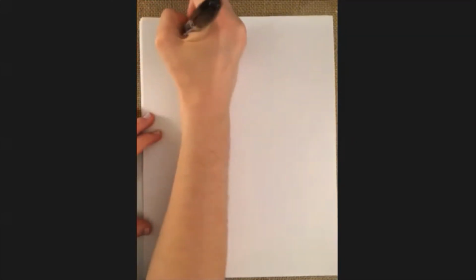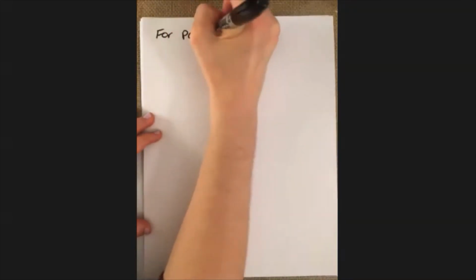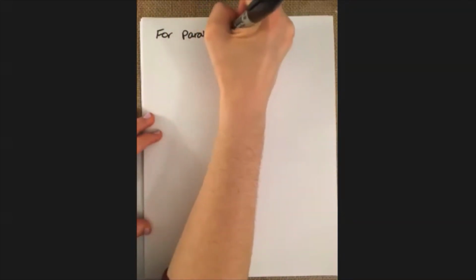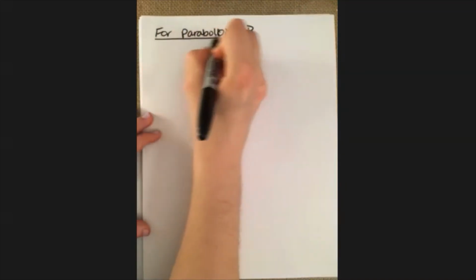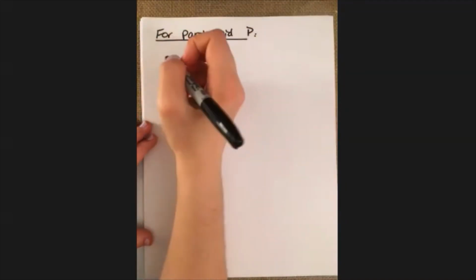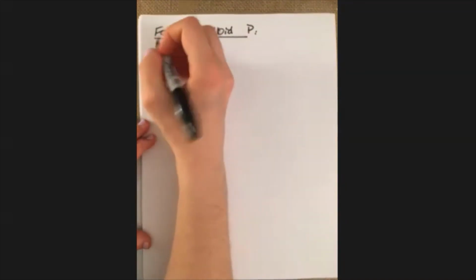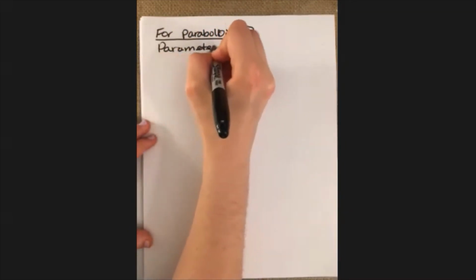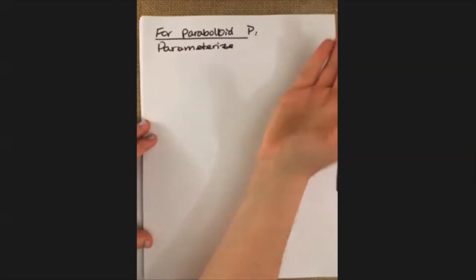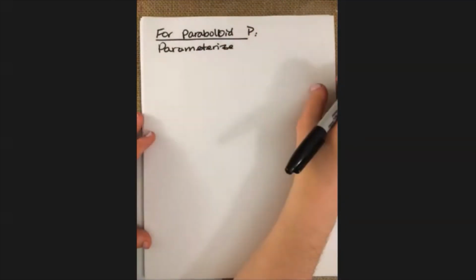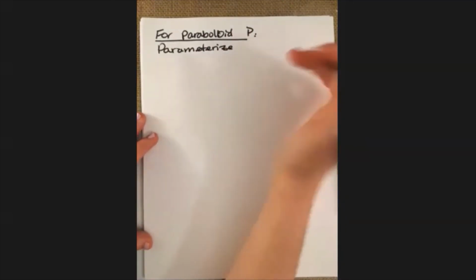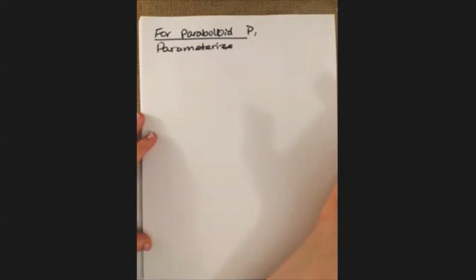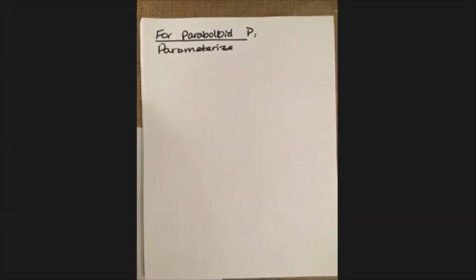So for our paraboloid, which I'll denote P, we will also parameterize this with cylindrical coordinates. A lot of times, the coordinate system you use for the volume will be the same as the coordinate system that you use for your parameterization.